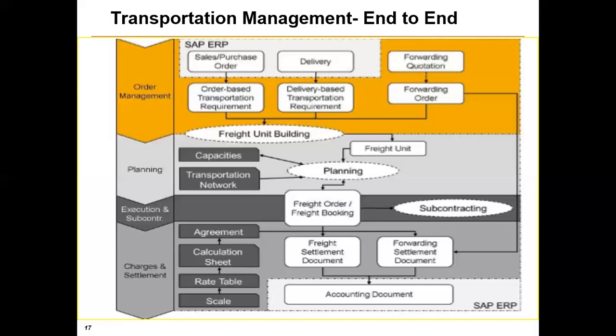This rate table provides the calculation sheet based on the quantities, the routing, and the vehicles, means of transport. We have the calculation sheets, and this calculation sheet is assigned to these agreements. The main agreement should not contain this.